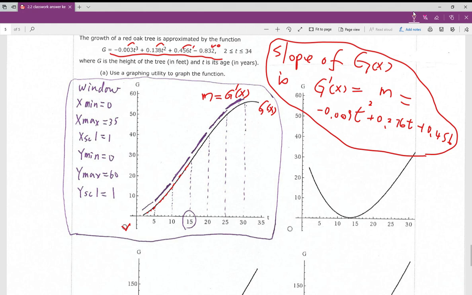Now, the concept is the slope means you increase fast or slow. So this is increase. And sometimes the slope here is a negative slope. Negative slope means decrease.